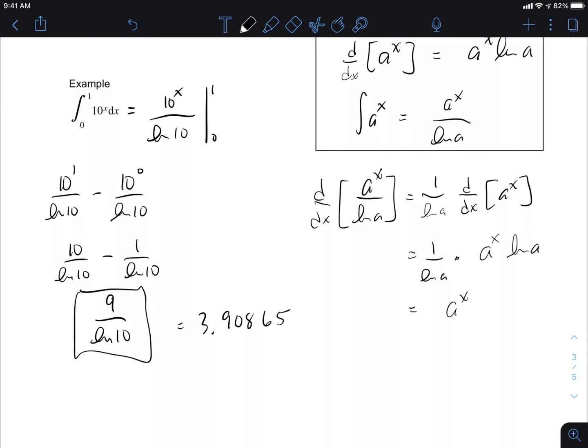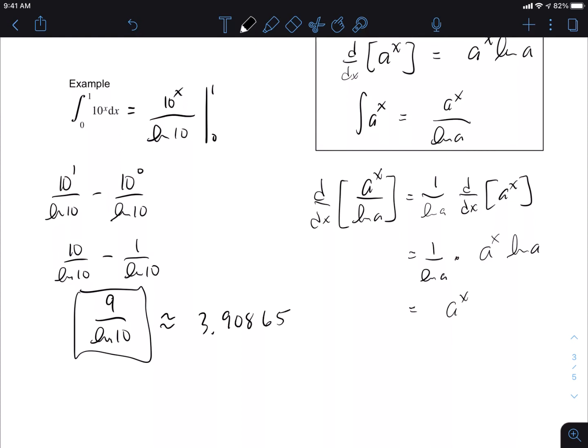By me giving you the integral from 0 to 1 of 10 to the x dx, I'm asking you to evaluate. Now, your answer at the end, 9 over ln of 10, is an exact answer. This is an approximation.